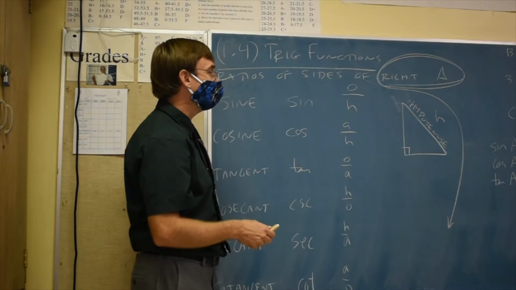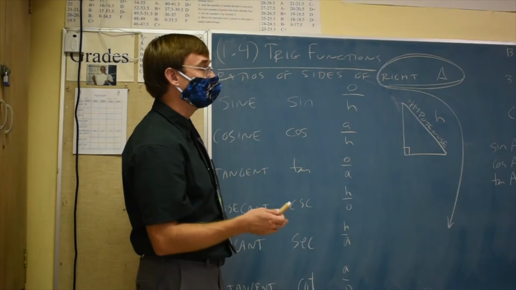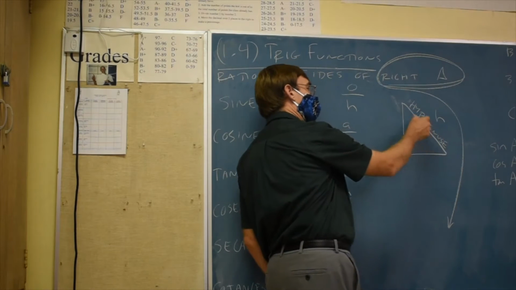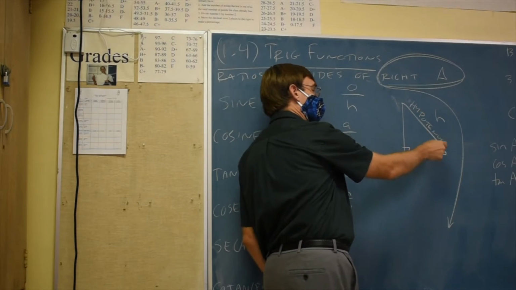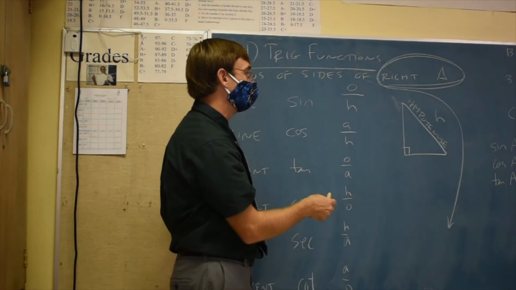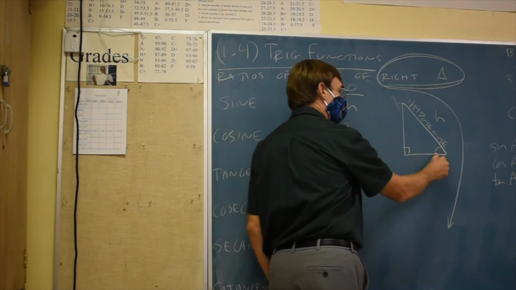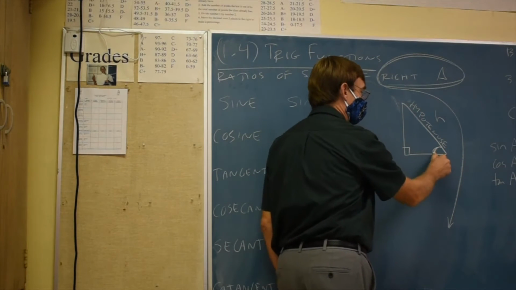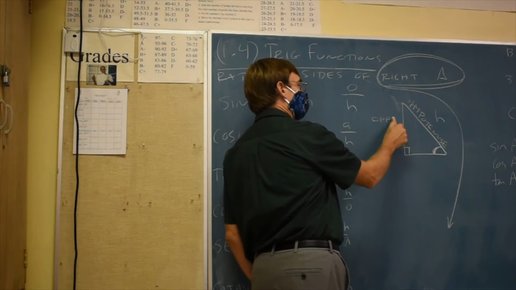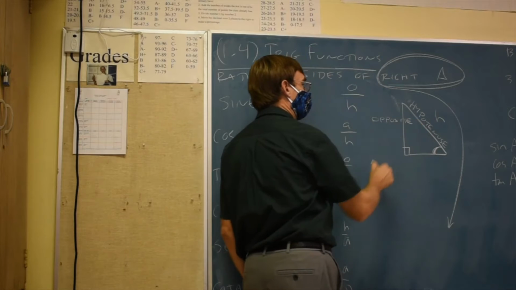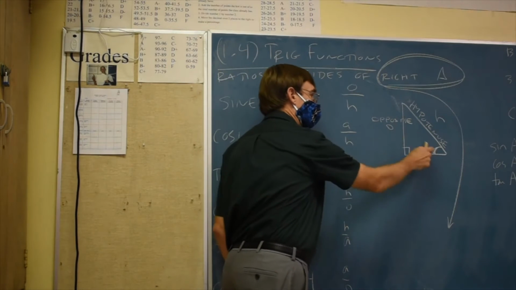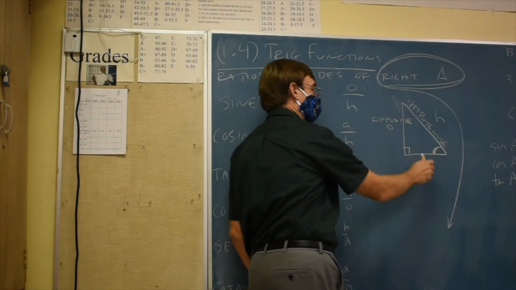But starting today, in our experience in trig, they're going to choose for you one of these two angles to be your focus point, and then the legs are each going to get their own individual names. If I chose this angle to be my angle that I'm looking at to use as our home base, this side over here is going to be called the opposite side, O for short, because it's opposite the angle that we're looking at.